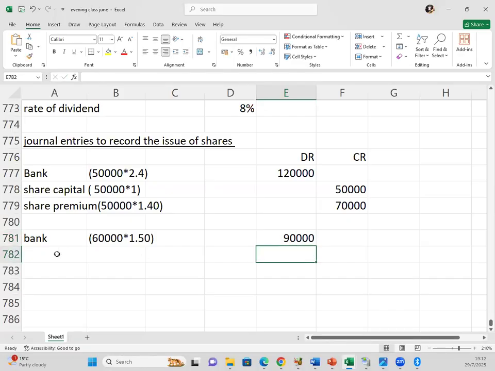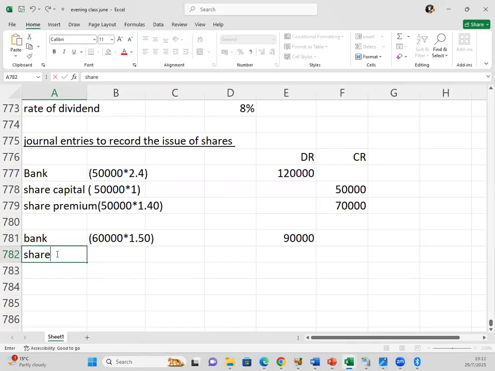Then from the bank, we have the share capital, and let's specify that this is preference share capital, then the share premium.